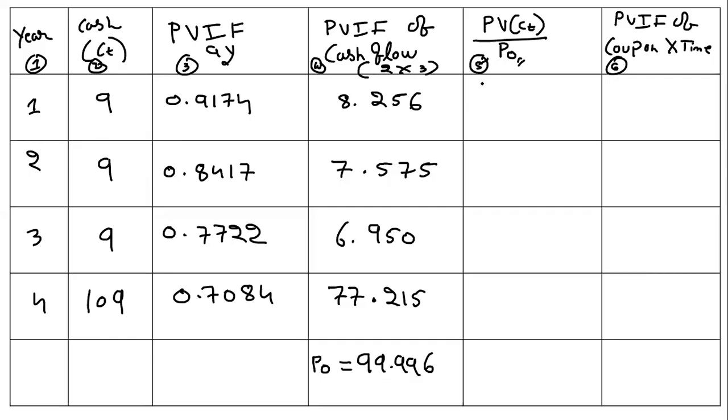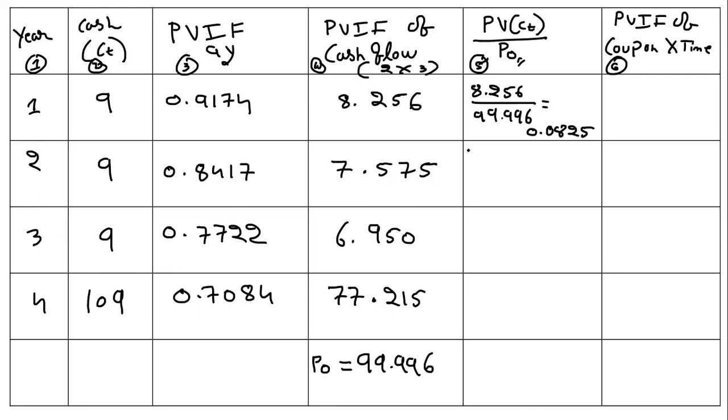8.256 divided by 99.996 is equal to, we get 0.0825.